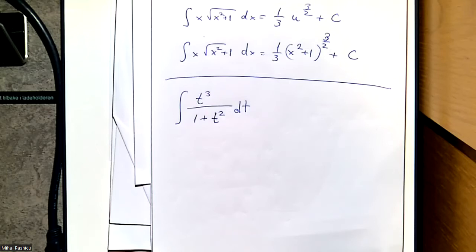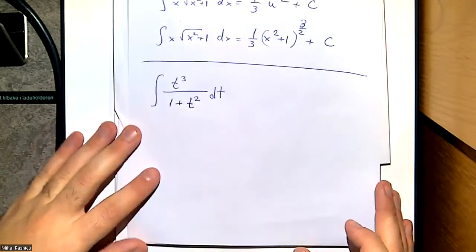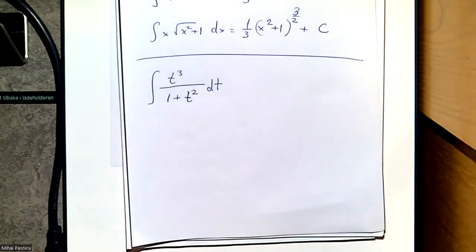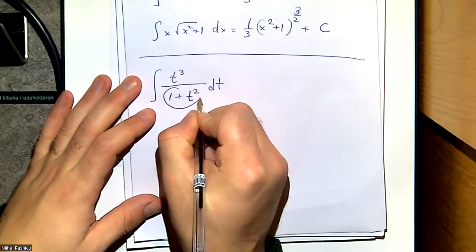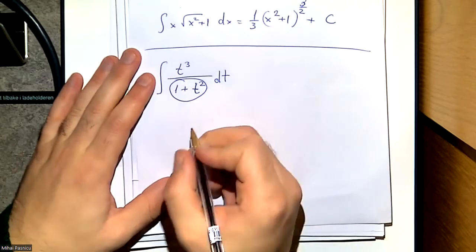I could solve this by hand, but it's going to take longer, be uglier, and definitely not intuitive. So I'm thinking, let's just try it by parts, see if it works. What substitution am I thinking of? Well, there's only one candidate, just this one. I'm just going to try it. I don't know if it works, but it's worth a try.